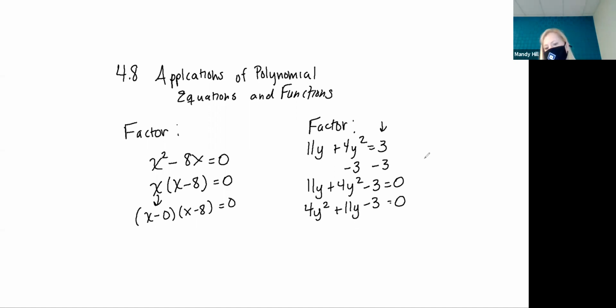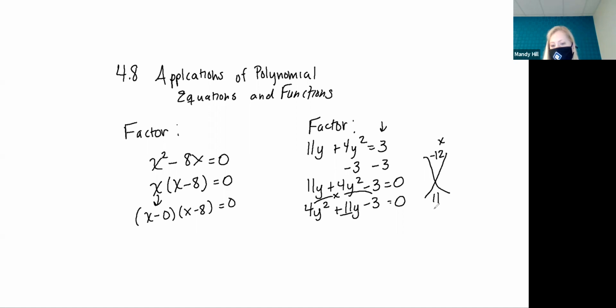Okay, and I'm not going to go to the graphing calculator on these while I'm teaching, but if you want to work it the way that I showed you to do with that, that's fine. But we would still need to set it up. So we would say, okay, we need to do 4 times -3, which is -12. That goes on the top. We would be looking for something that multiplies to -12 and adds to 11.